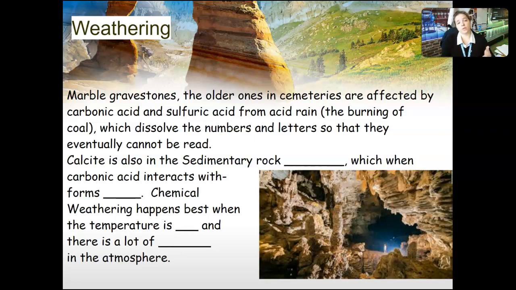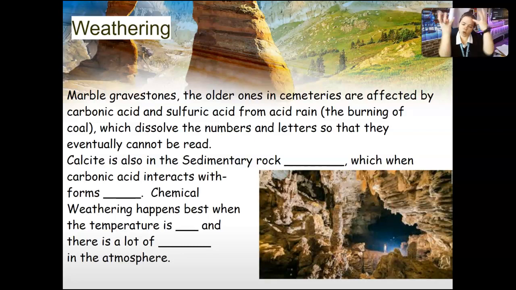Sulfuric acid you're going to get from a lot of the plants burning stuff, coal plants burning. That's going to give the sulfuric acid in the air, sulfuric acid that turns into acid rain that comes down.